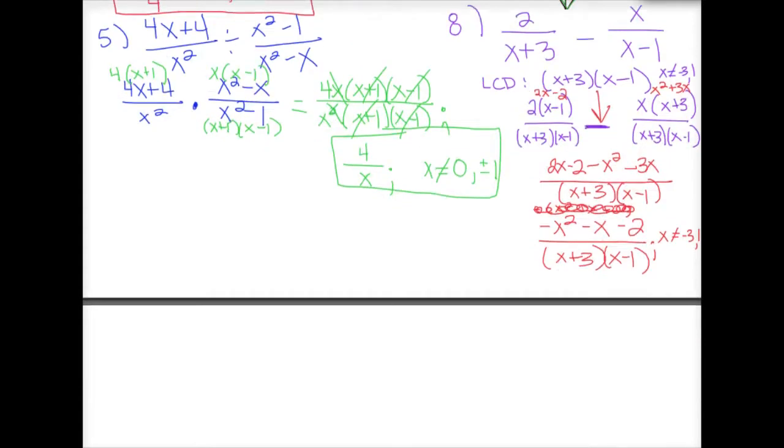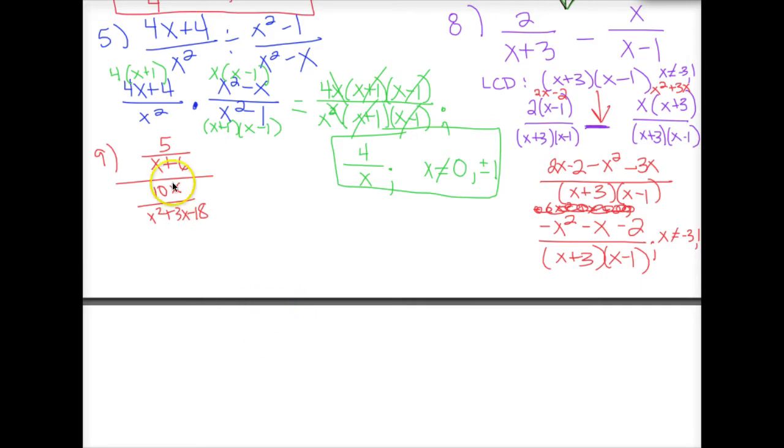Next, number 9 was a complex fraction. It was a relatively easy complex fraction, but you had 5 over x plus 6 divided by 10x over x squared plus 3x minus 18.